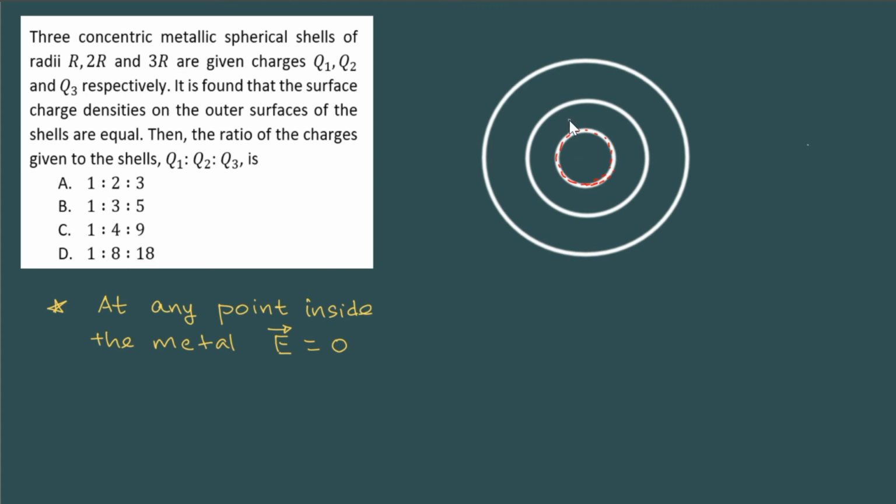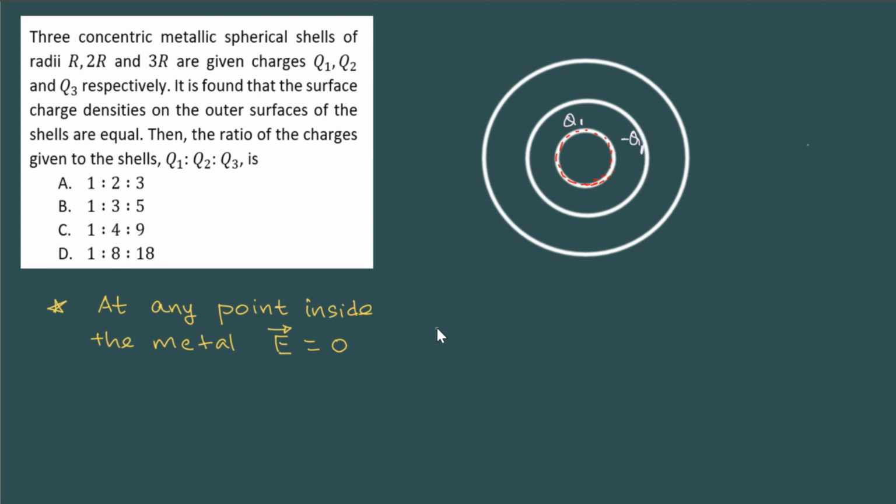So we can say Q1 resides on the outer surface. Now, because of induction, the inner surface of the middle shell should get an equal and opposite charge to this Q1, so minus Q1.